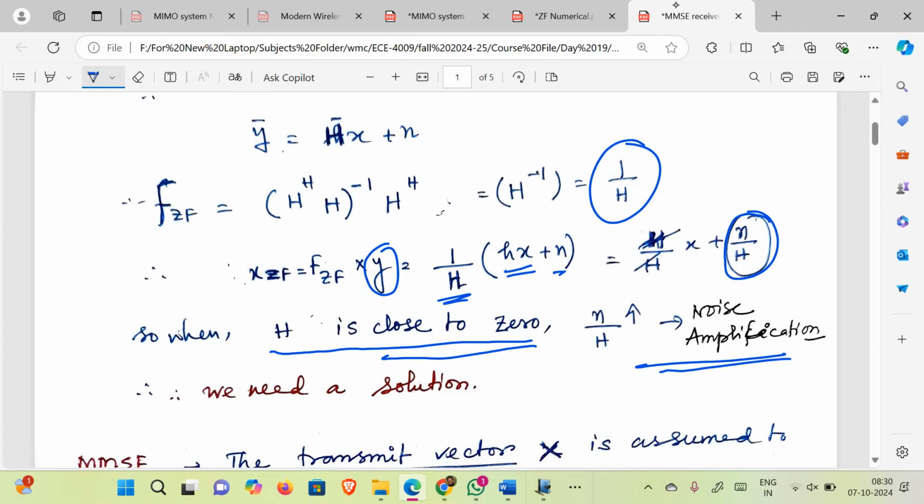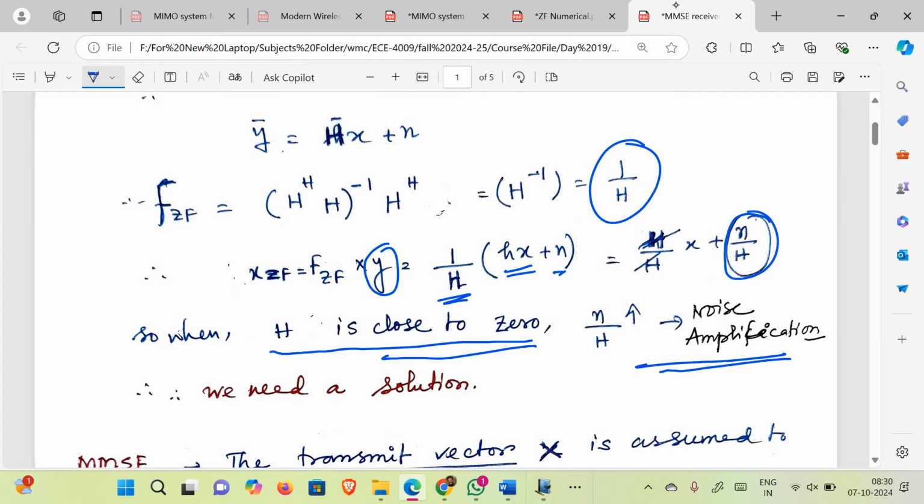H is nothing but the matrix which you are getting as the outcome of the multipath scenario. So in a given scenario where H is almost equal to 0, the zero forcing receiver is giving us a noise amplification. That is called noise amplification. So unnecessarily the noise will increase in the circuit, which you are supposed to reduce, but it increases.